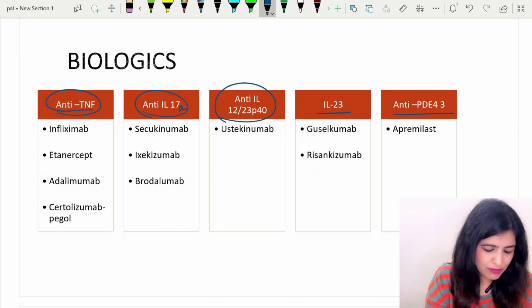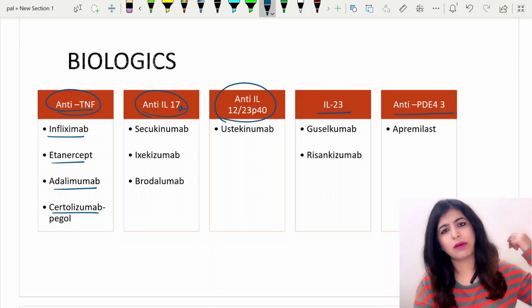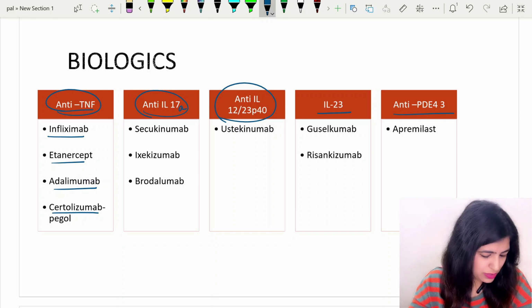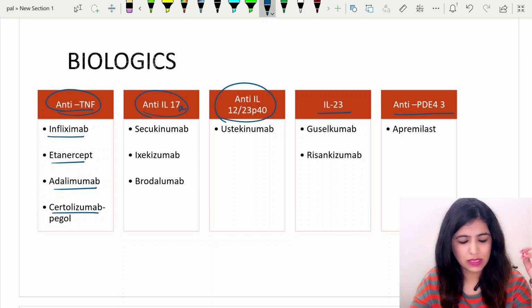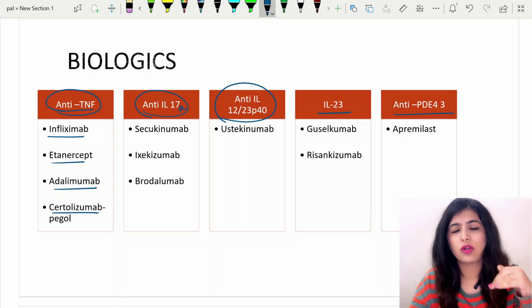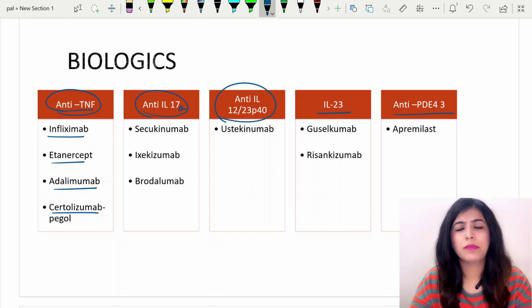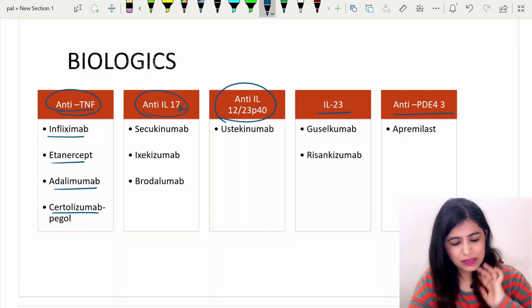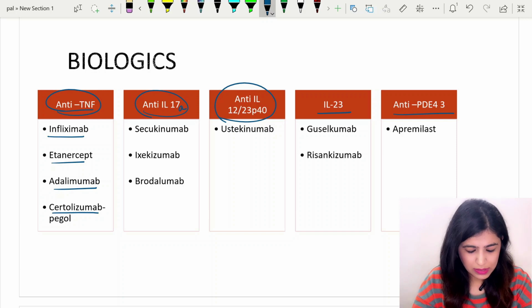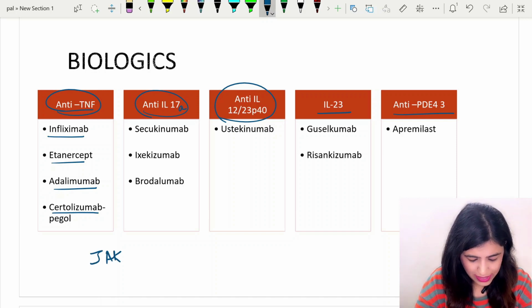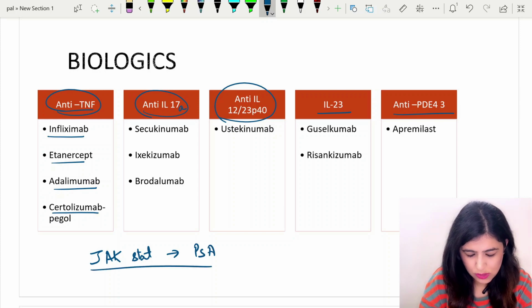For anti-TNF alpha agents, we have infliximab, etanercept, adalimumab and certolizumab. Then one more thing which I want to tell you here is that there are some biologics in these categories which may be approved only for psoriatic arthritis. Some may be approved for both psoriasis and psoriatic arthritis, and certain categories like JAK-STAT inhibitors, etc., are also only for psoriatic arthritis.